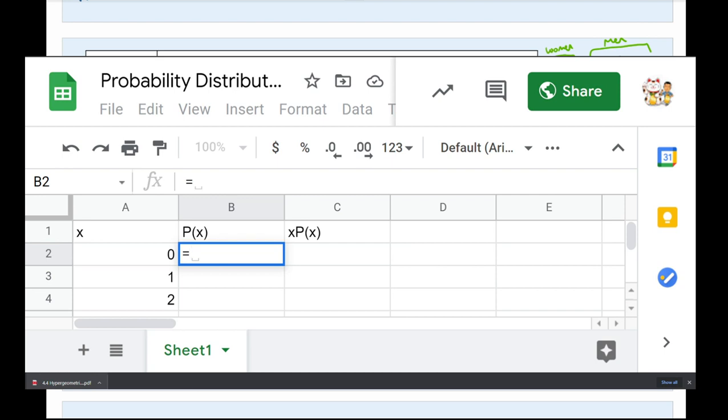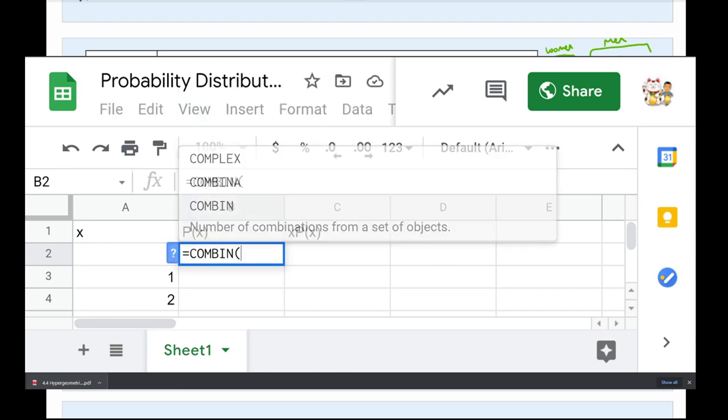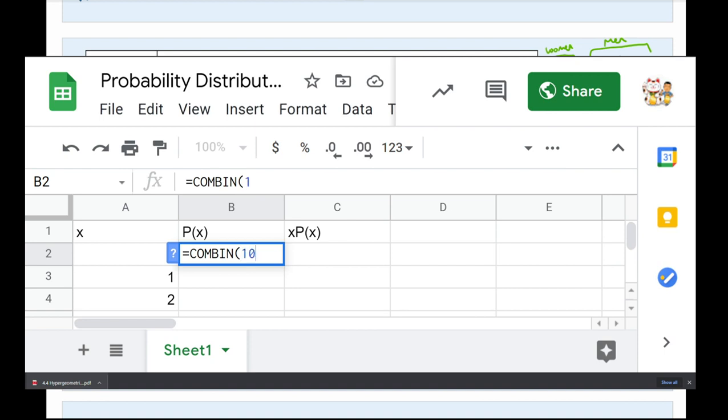So again, starting off with equals, starting off with a combination. In this case, we have 10 women, and we're going to choose X amount. The X value I'm going to represent by the cell.